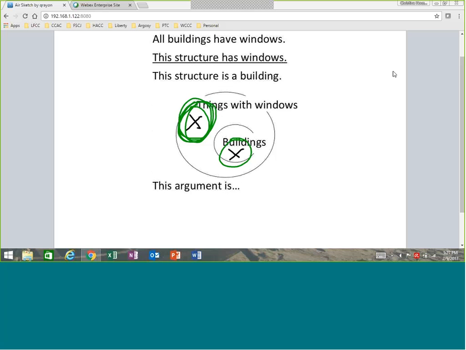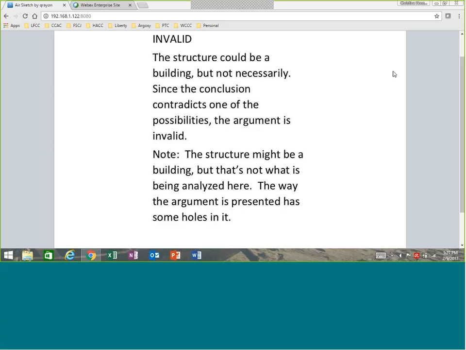The conclusion here, the structure is a building. It might be a building. I'm not saying the structure is not a building. I'm just saying that the argument that's presented has holes in it. So yes, the structure could be a building, but the conclusion is not supported by the statements that come before it. So that's the problem here, okay?